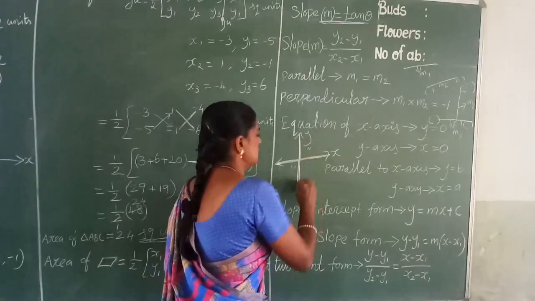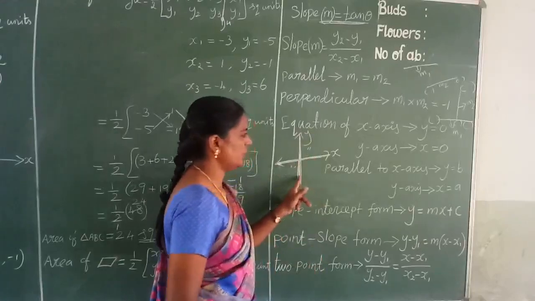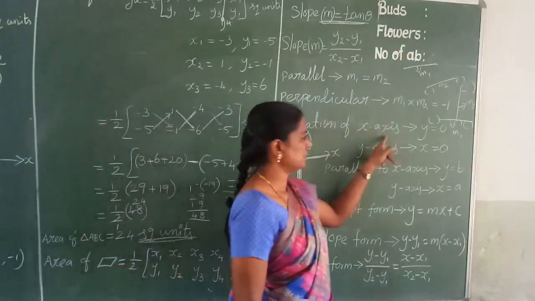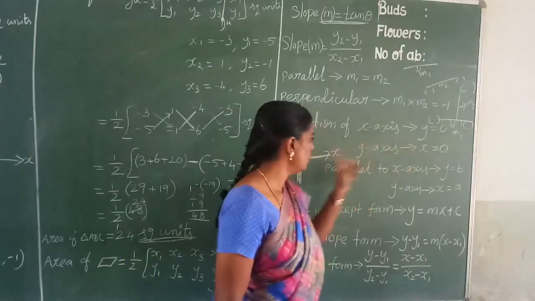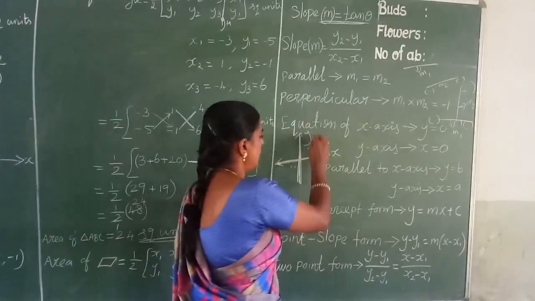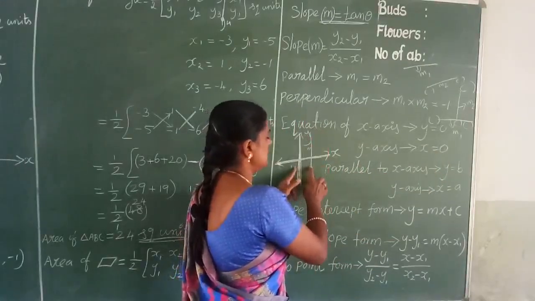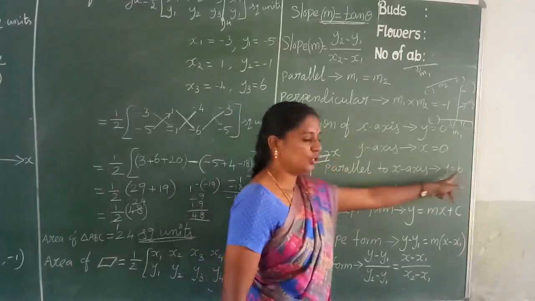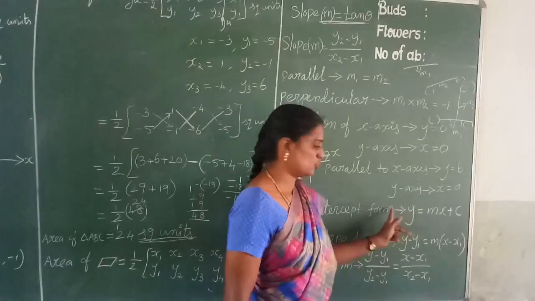On the y-axis, all the x coordinate values are 0. That's why the equation of the x-axis is y equal to 0, and the equation of the y-axis is x equal to 0. Parallel to the y-axis means x equal to a. Parallel to the x-axis means y equal to b. So these are the 1 mark questions.